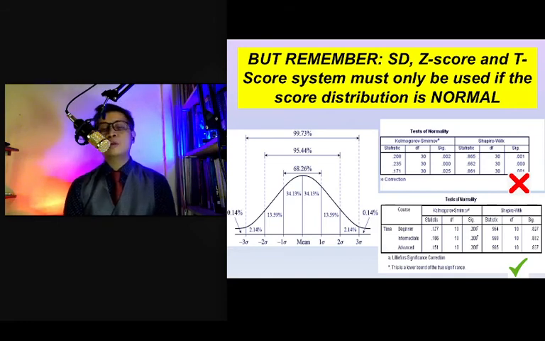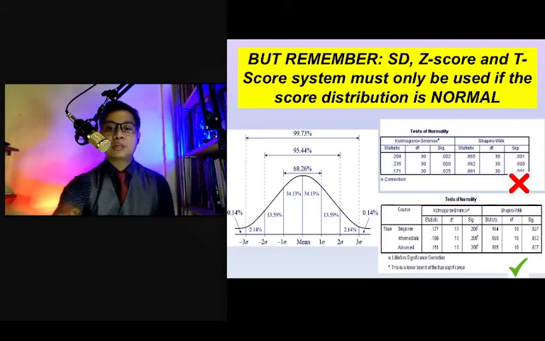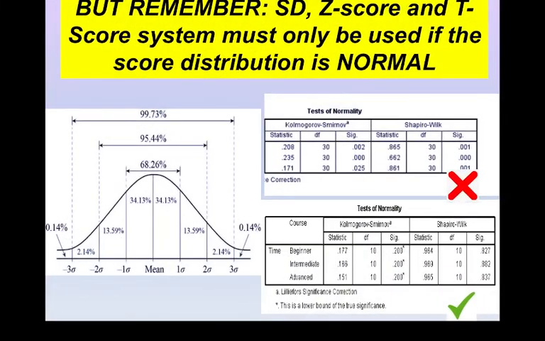And I think we already discussed, how can we know if the distribution of your scores is normal? Merong statistical test dyan, di ba? Yung pinakilala ko sa inyo, yung Shapiro-Wilk or Kolmogorov-Smirnov test. These are statistical methods that will tell you if the shape of your curve is normal or not. So, sabi ko nga, ang pinakatinitingnan dyan is the column on significance. Kapag yung significance mo dito is less than 0.05, that's bad news.